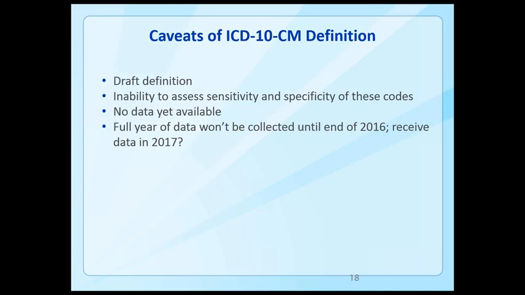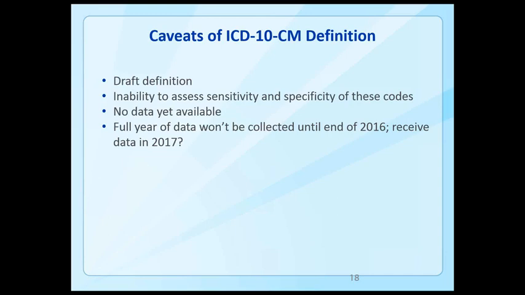So some of the caveats of our ICD-10-CM definition is this is just a draft definition. Everyone who worked on this worked very hard, but the fact is we don't have the ability yet to assess the sensitivity and specificity of these codes because there's no data yet available.